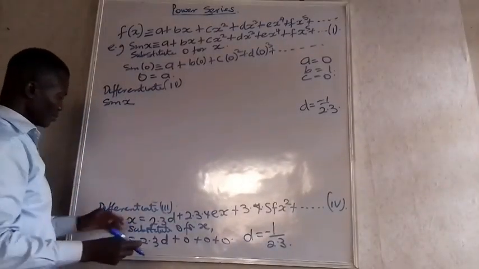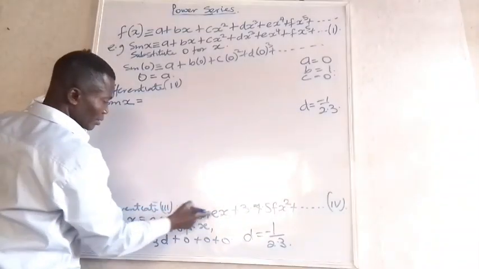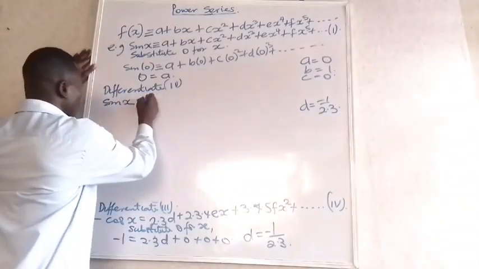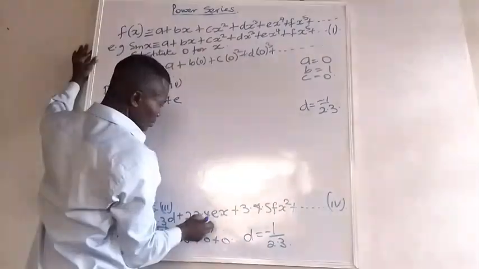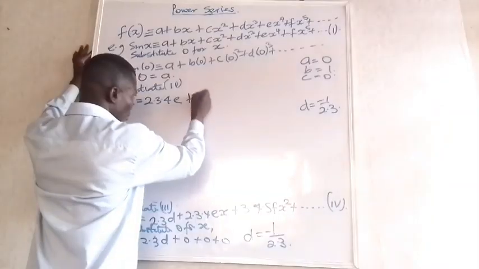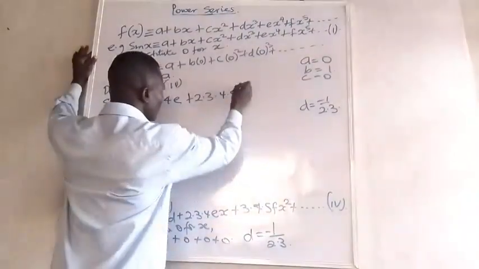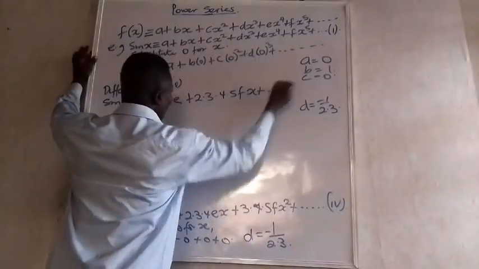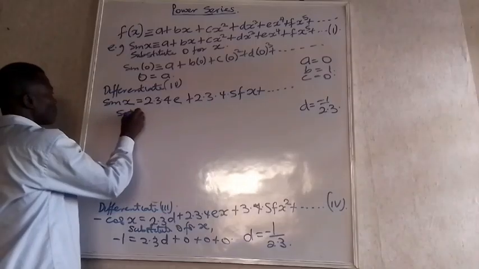Sin x gives me, this one disappears, 2 times 3 times 4 e plus 2 times 3 times 4 times 5 fx. Now, let me substitute 0 for x.